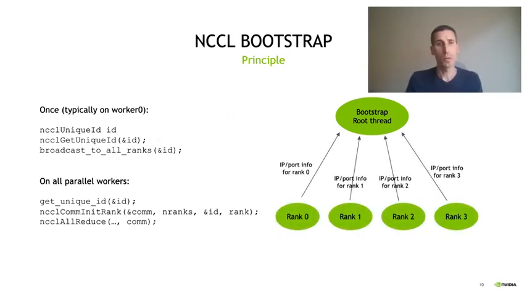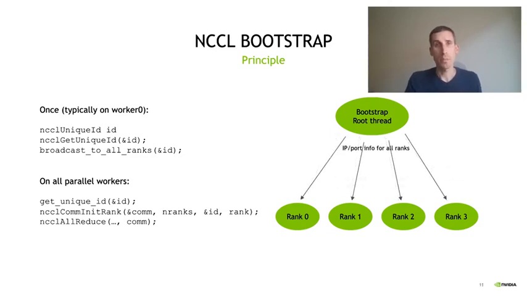Then all workers will call ncclCommInitRank, and each worker will call it with a different rank, from 0 to 3 in this case. They should always be different, and from 0 to n-1. And each rank will connect to the bootstrap thread, passing its own information, including its own IP port for further communication.